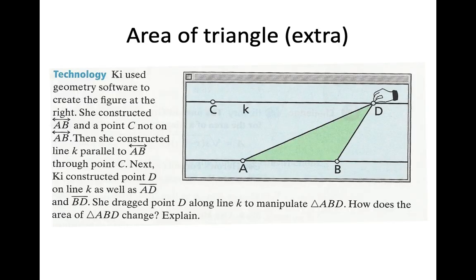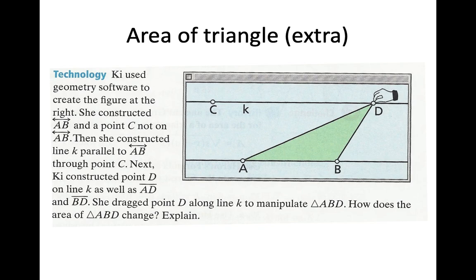And so we can use that to think about this particular exercise here. Kai uses geometry software to create the figure at the right. She constructed AB, so AB is the base, and that's not changing, and point C not on AB.